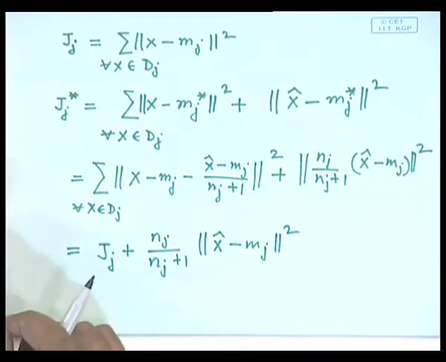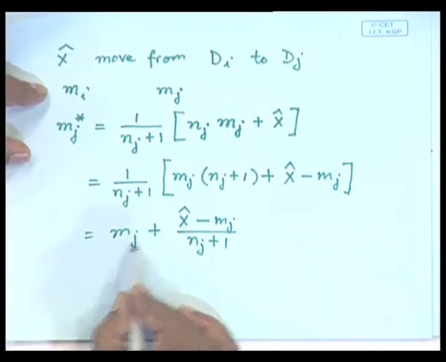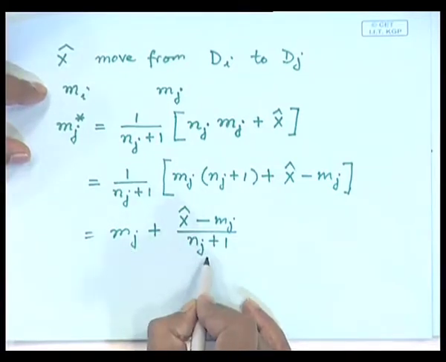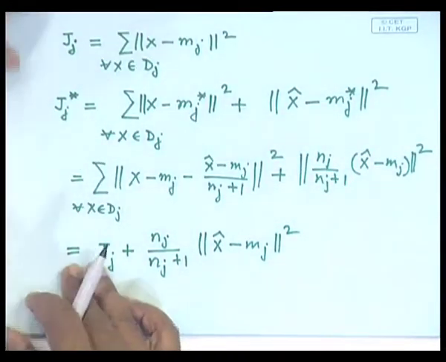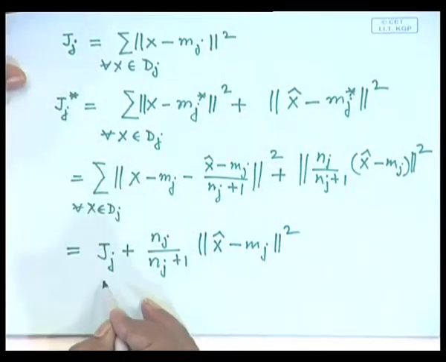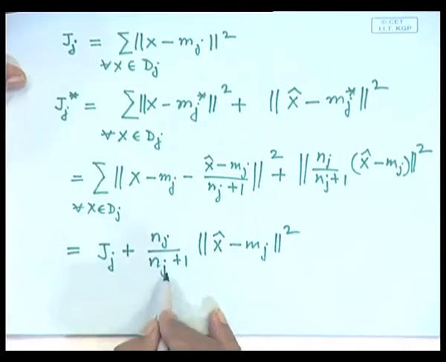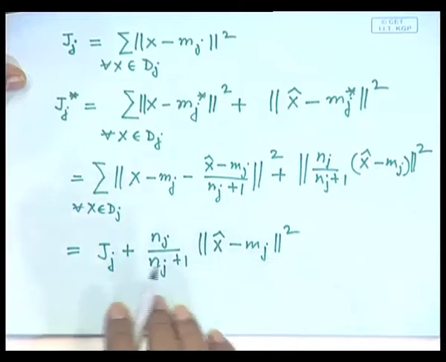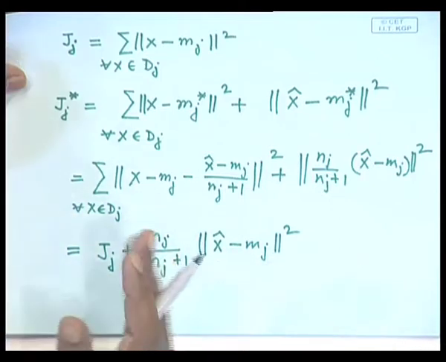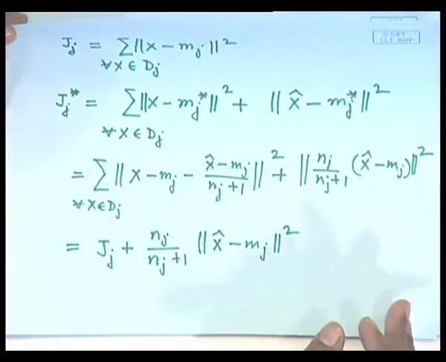So, because of the inclusion of this x hat into the jth cluster, the mean has moved from m j to m j plus x hat minus m j by n j plus 1, and the squared error has increased from X j to X j plus n j by n j plus 1 into x hat minus m j squared. Okay. So, as there has been a change in the mean and the sum of squared error in the jth cluster, similarly there will also be a change in the mean and sum of squared error in the ith cluster.